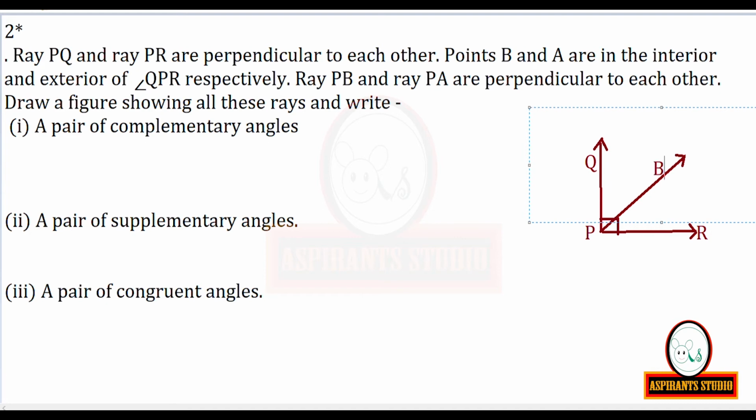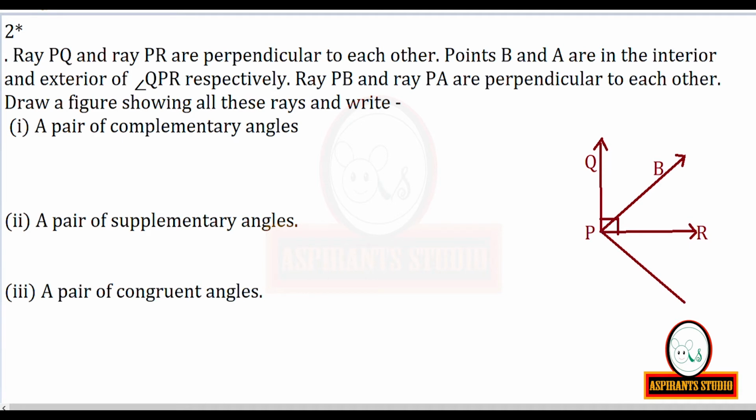Then we have to draw ray PA. When you draw ray PA, you have to see that A is in the exterior of angle QPR. And also you have to see that ray PB and ray PA are perpendicular to each other. That means measure of angle BPA should be 90 degrees.